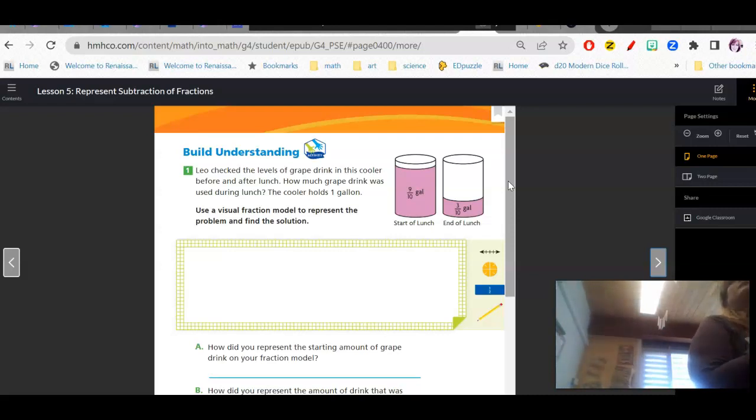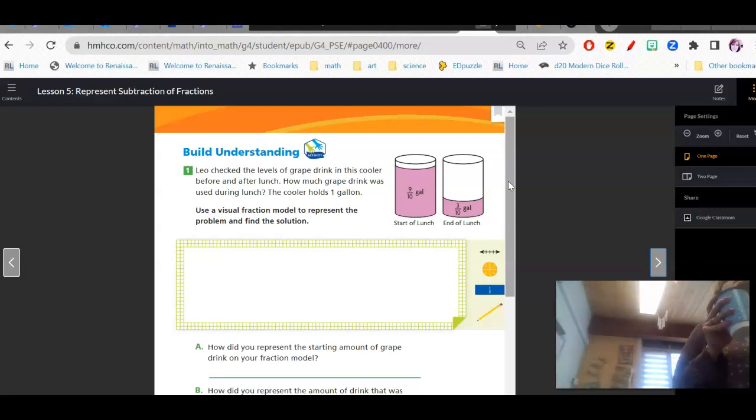It says that Leo checked the levels of grape drink in this cooler before and after lunch. How much grape drink was used during lunch? The cooler holds 1 gallon. Use a visual fraction model to represent the problem and find the solution.